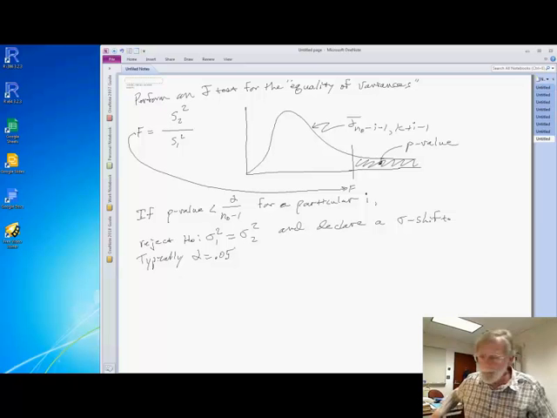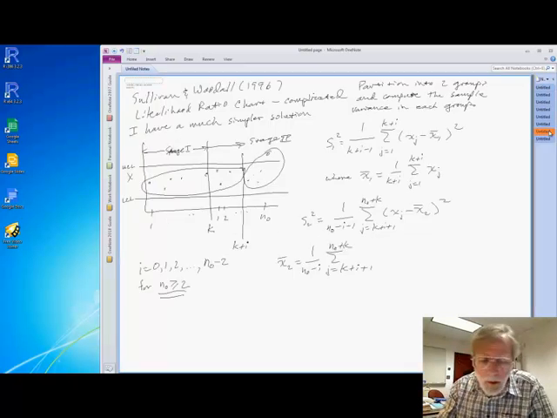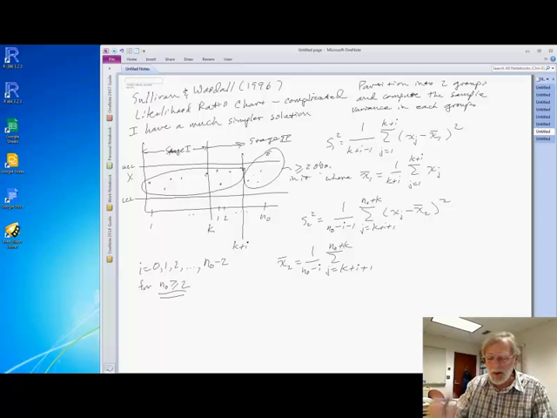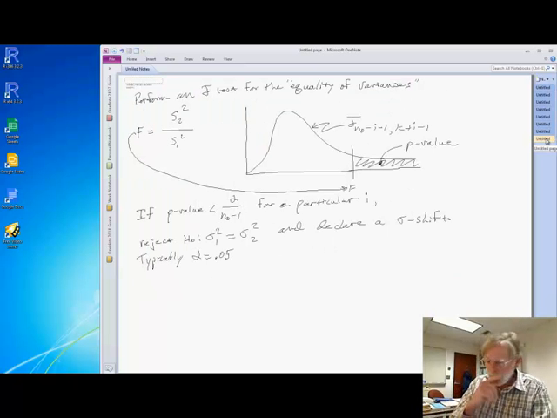Because at the other end, this group has to have greater than or equal to 2 observations in it. Otherwise, we can't compute the standard deviation. So this looks like a lot of work. By the way, the Woodall and Sullivan paper also has you doing a sequence of tests.